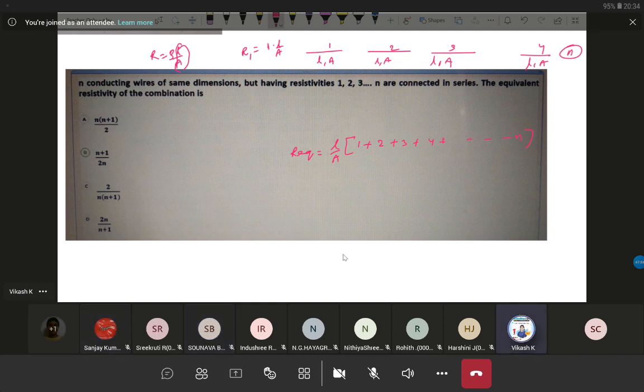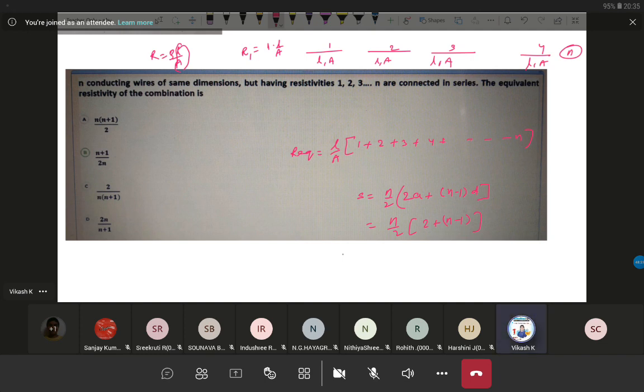So if I want to find their sum, what can I write, beta? S equal to n by 2 into 2a plus n minus 1 into d, right? So calculating this, it will come n by 2 into 2 plus n minus 1. Can I tell like that?